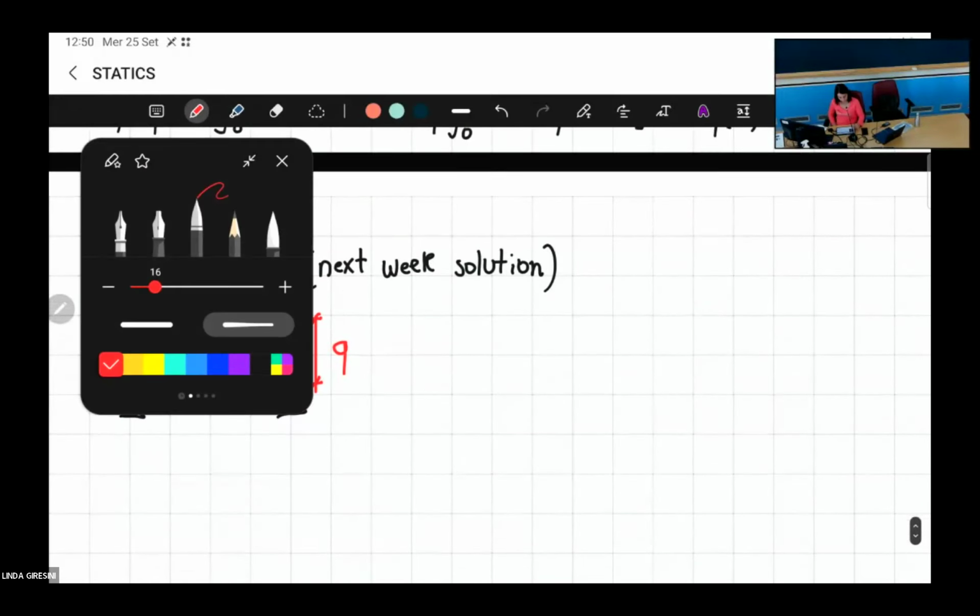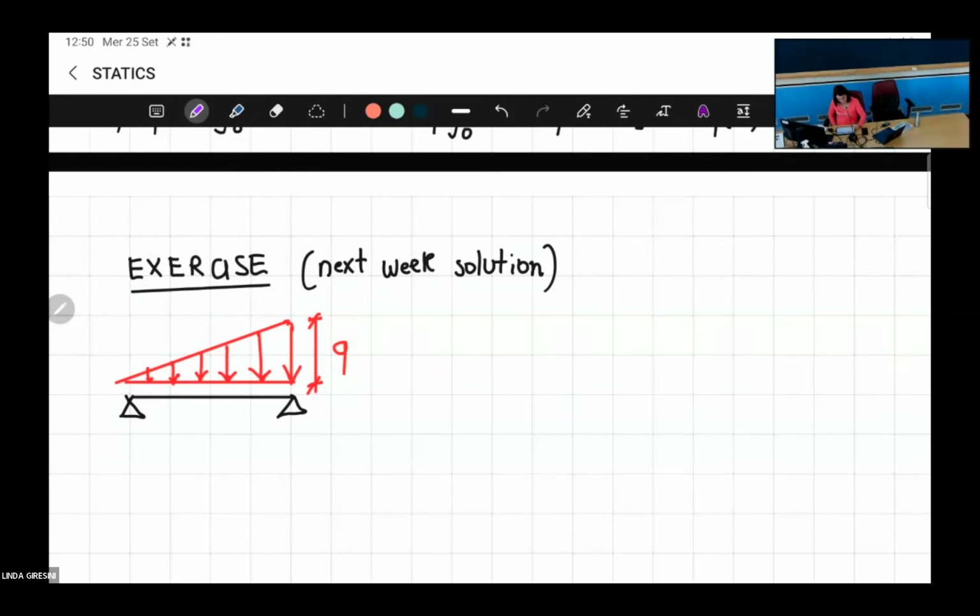So you are asked to find the resultant Q and the centroid position. Hint: the origin of the axis is still on the left extremity. For example, x is always the horizontal axis.